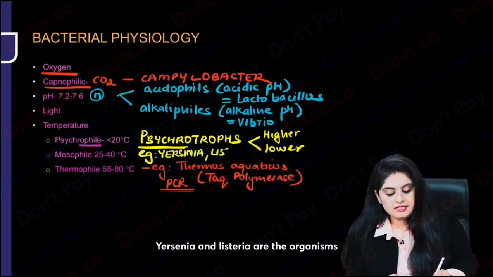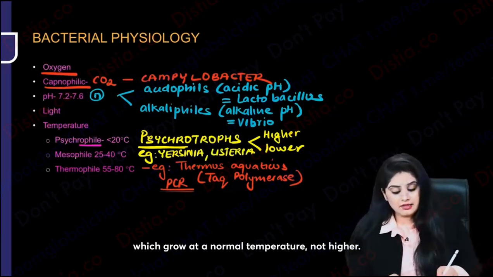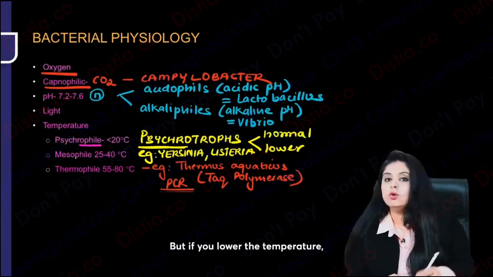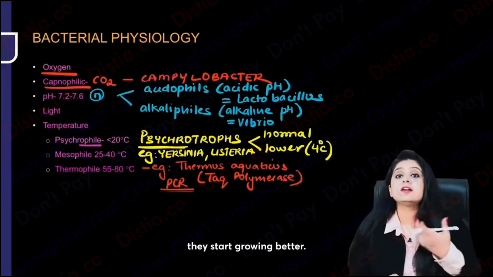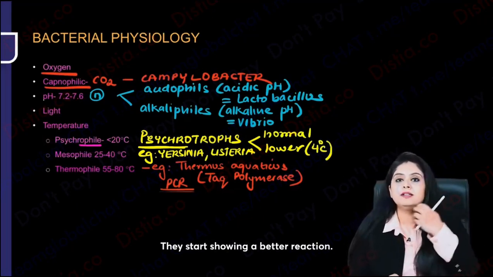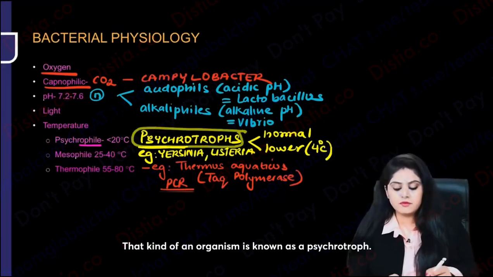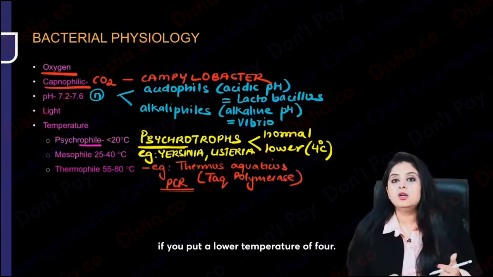Yersinia and Listeria grow at a normal temperature, not higher. But if you lower the temperature, especially to 4 degrees centigrade, they start growing better. They start showing a better reaction. So they are kind of adjusting. That kind of organism is known as a psychrotroph. It grows at a normal temperature, but grows even better if you put a lower temperature of 4.